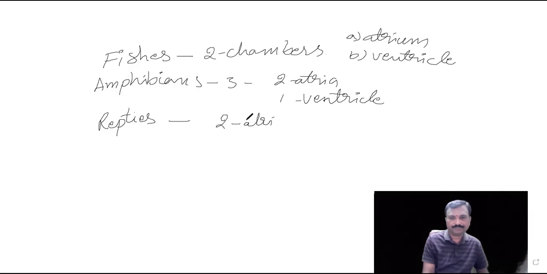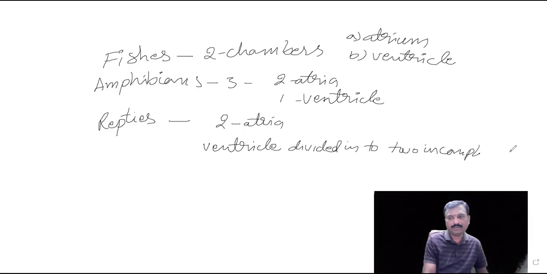At the same time, the ventricle is incompletely divided into two incomplete chambers. So incomplete four chambers will be there in reptiles, but in fishes only two chambers are there.